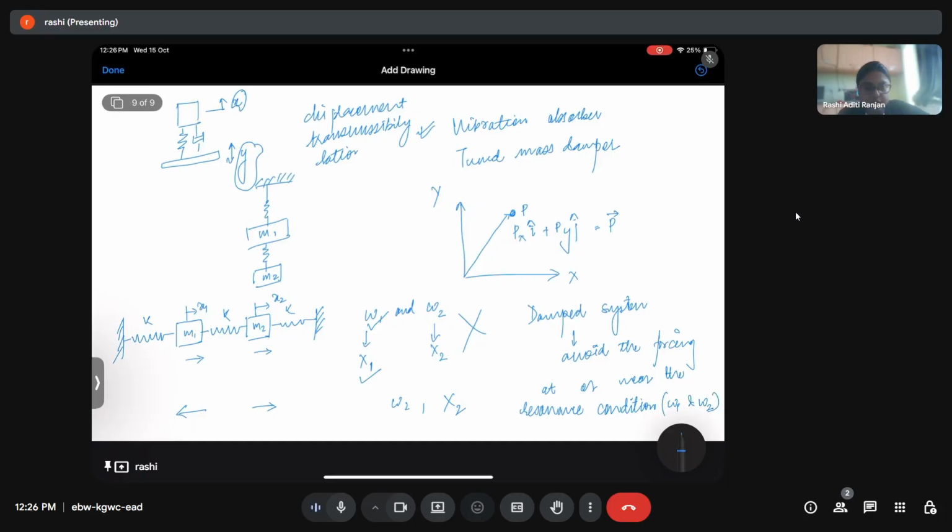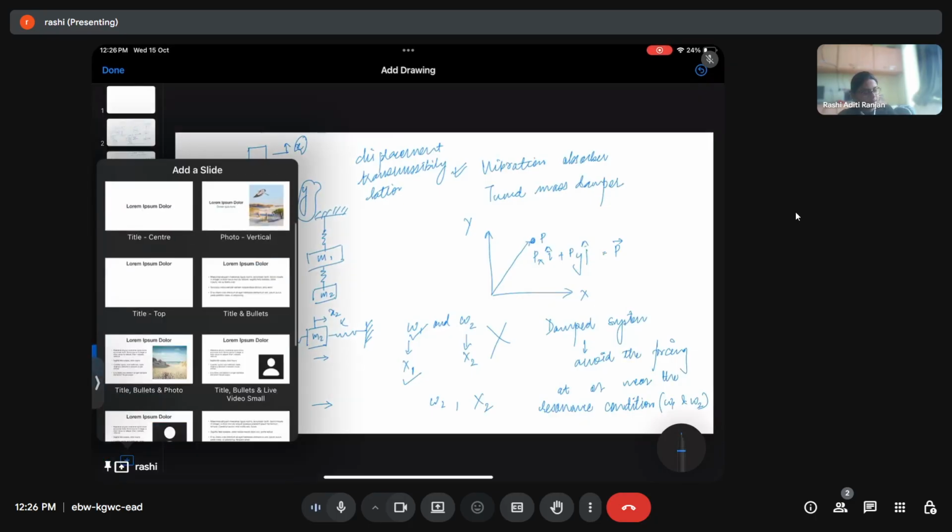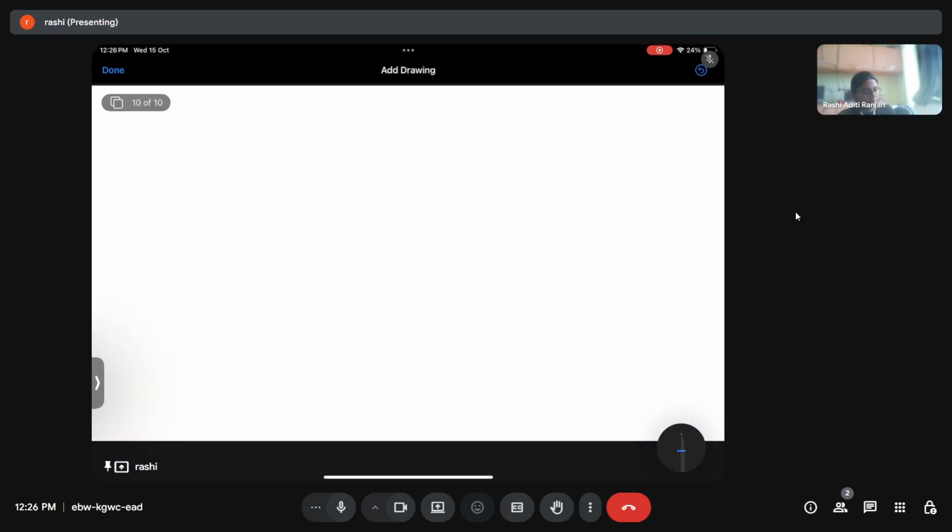Now, this was for a two degree of freedom system, right? But then we talked about multi degree of freedom systems as well. Multi degree of freedom system means we are going to have one mass, two mass, three mass, maybe n masses.